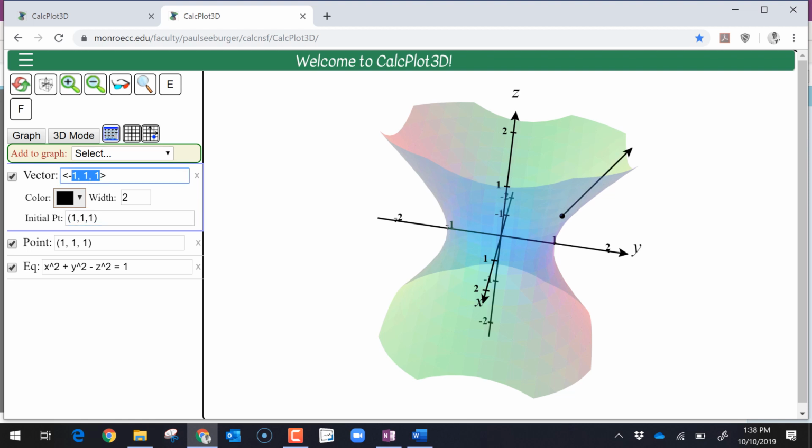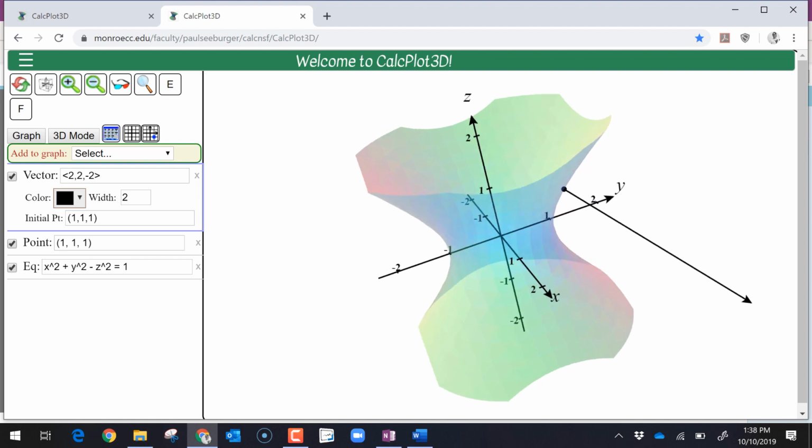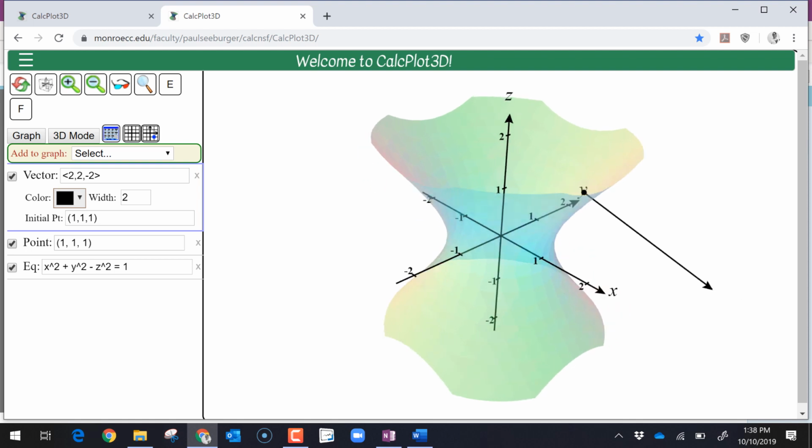And what was our direction again? Was it 2, 2, negative 2? That looks pretty perpendicular, right? Pretty cool.